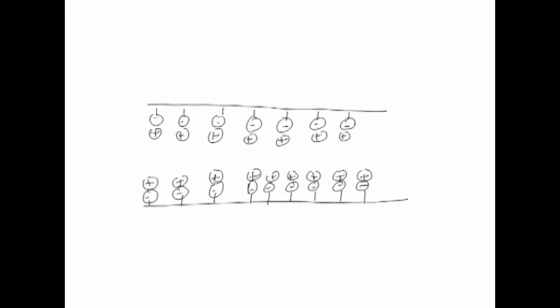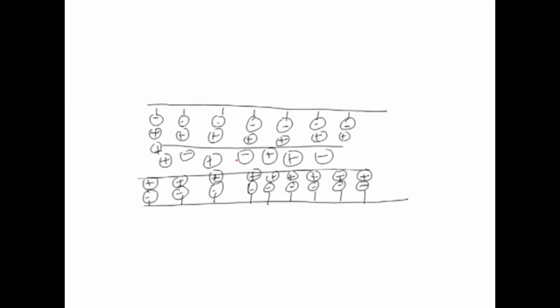On both sides you have positively charged ions from the electrolyte or the solution moving towards the negatively charged wall. Then there are other positively and negatively charged ions which are in between here.